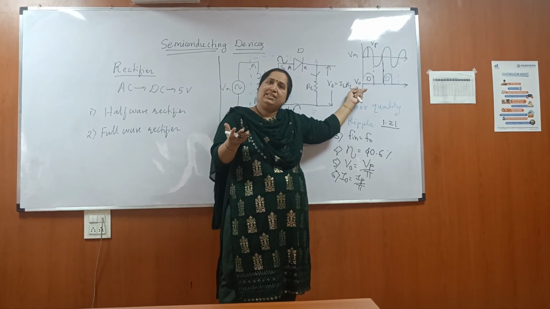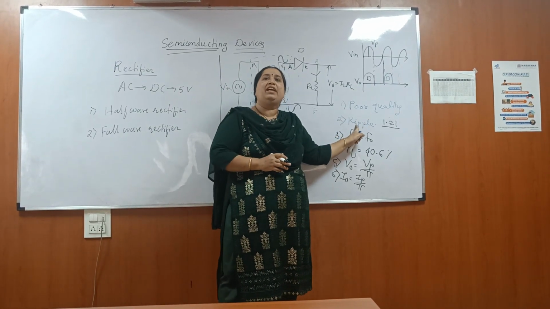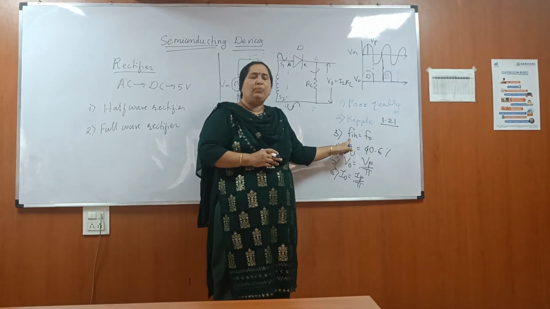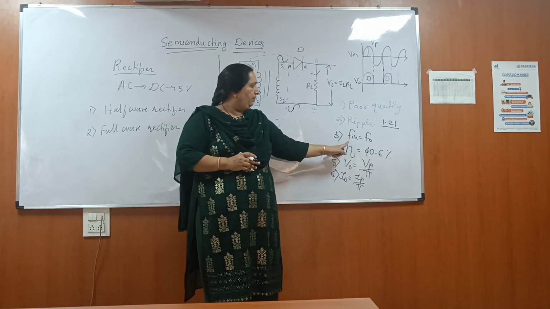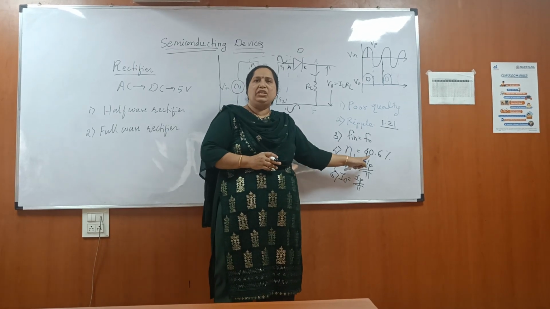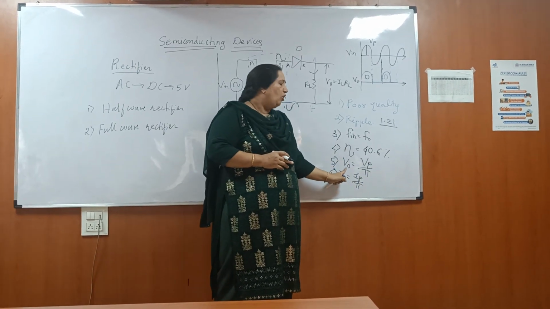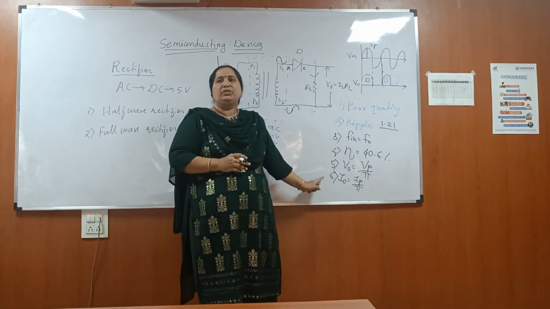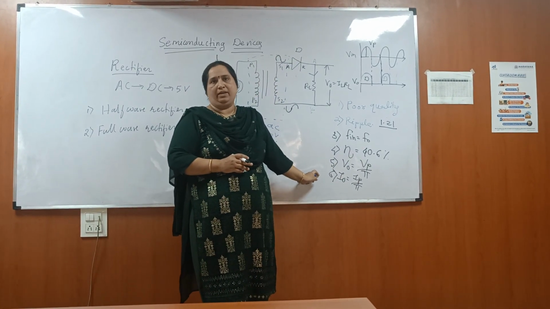That AC present in DC is known as ripple. So ripple is 1.21, output frequency is equal to input frequency, efficiency is 40.6, output voltage is equal to Vp upon pi, and output current is equal to Ip upon pi.